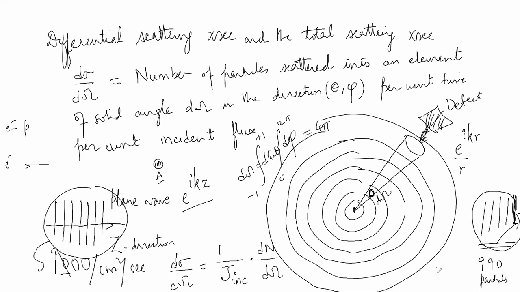And then what is the total scattering cross section? The total scattering cross section is obtained when we integrate over all the angles, such that I have measured all the particles which have got scattered in this region, and that will give me the total scattering cross section.